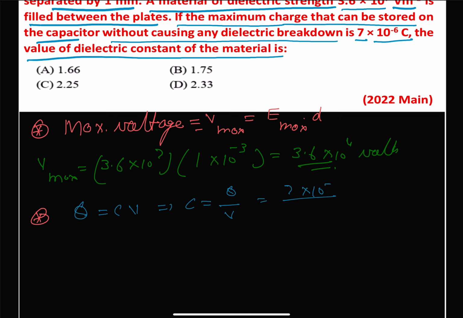V we found out is our 3.6 into 10 to the power 4. This gives us 1.944 into 10 to the power minus 10 farads. So this is the value of the capacitance.